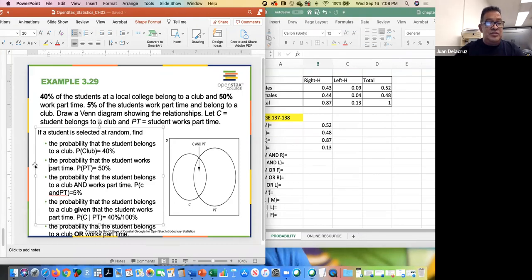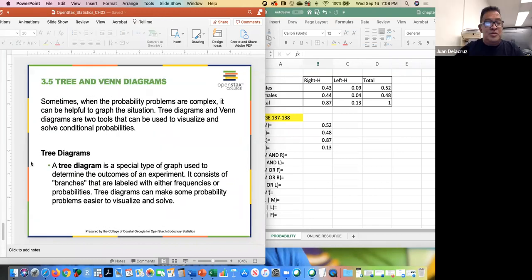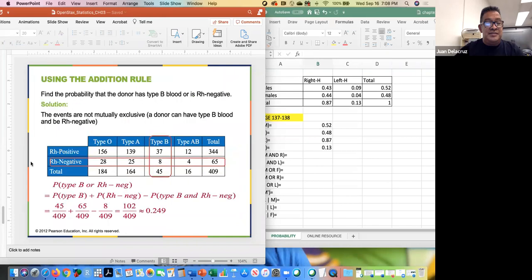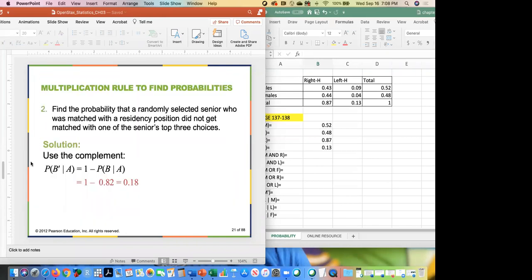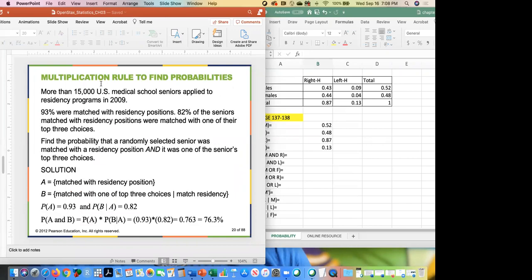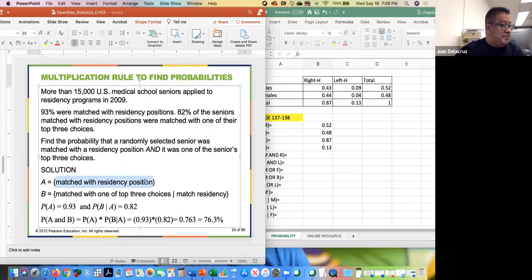Let me show you. Oh, part-time. It's almost something like what we did here. P(C) times P(C|T) equals... It's almost like this. So the event A in this case is that the person works part-time, and B is that she belongs to a club given that she works part-time.